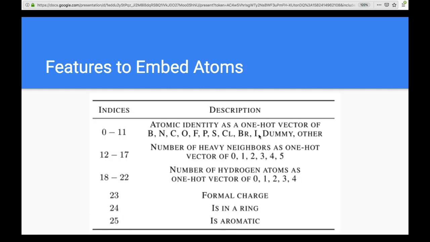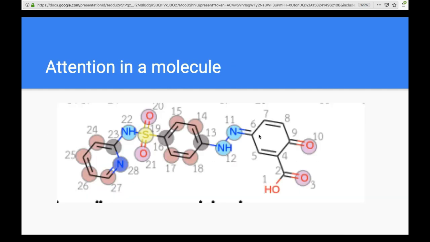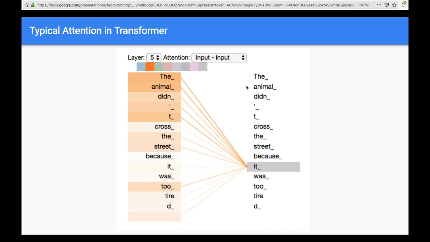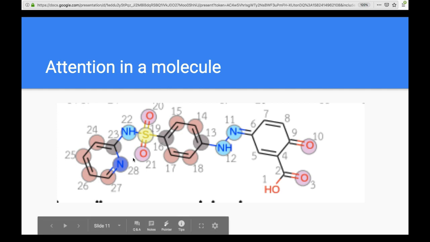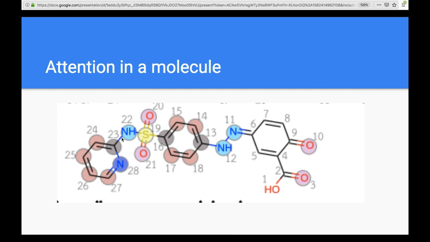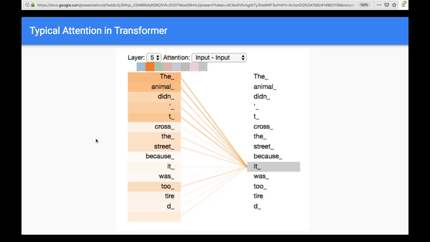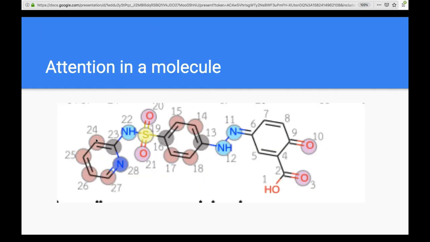So that's it. And as for how we represent atoms before we feed the input to the transformer, like I said, in the NLP world we have a word embedding for each given word, and it's not really context dependent. In this context, we will also have a fixed representation for each given atom, and there are around 150-something different kinds of atoms in the world.